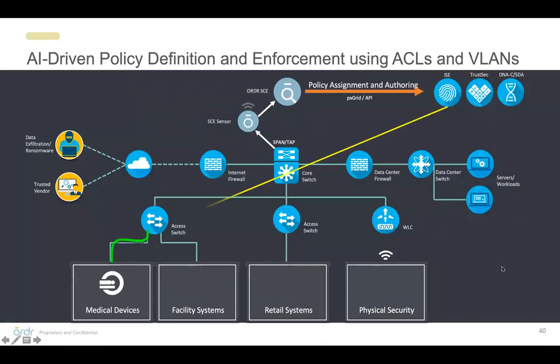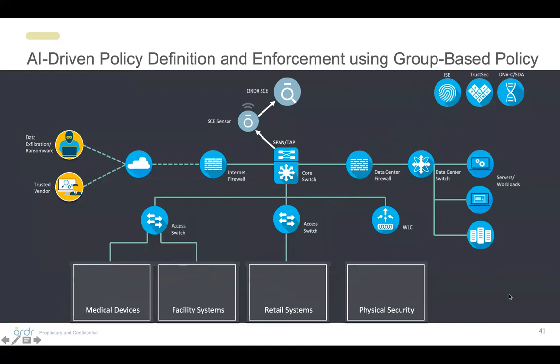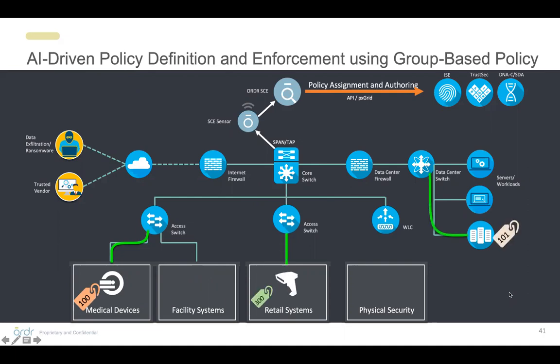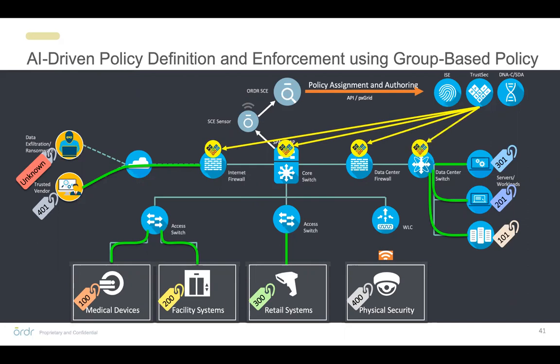So in the case of policy assignment authoring, each device can have its own policy, whether it be a DACL, a VLAN assignment, or a wireless ACL. And when it comes to scalable group tags and TrustSec, when devices connect to the network, they will have the proper segment, the scalable group tag, assigned to them, and going beyond just the tagging piece, we can then automate that TrustSec policy configuration.